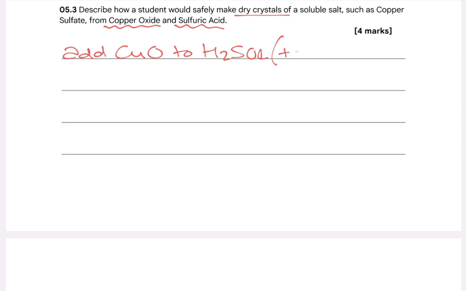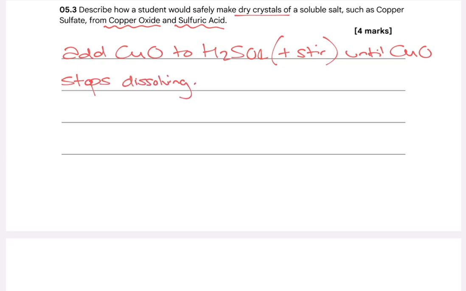We're going to stir it as well to agitate the reaction and make sure it reacts as well as it can do. We keep adding the copper oxide until it stops dissolving. So we're going to add it essentially until it's in excess.